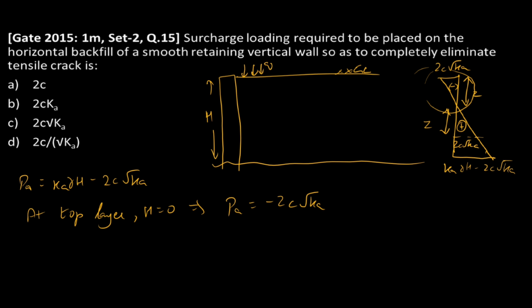So we have to eliminate this 2C root Ka, and the active earth pressure should be equal to 0. Therefore, PA should be equal to 0. But at the top layer, the Ka gamma H term is nothing but Q, the surcharge loading, minus 2C root Ka.